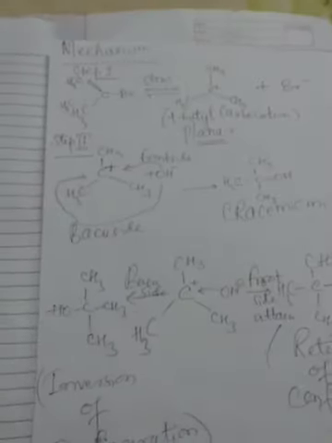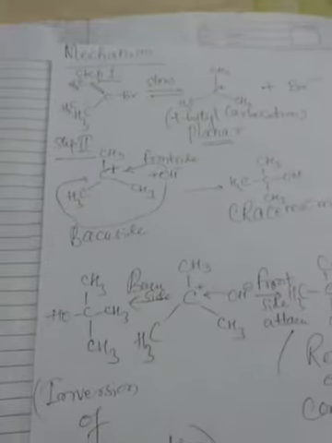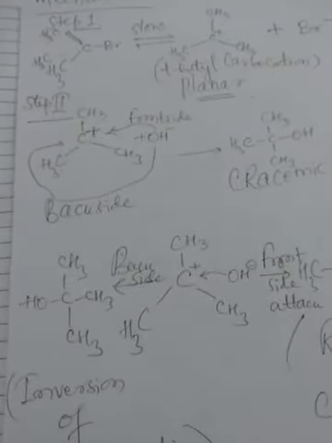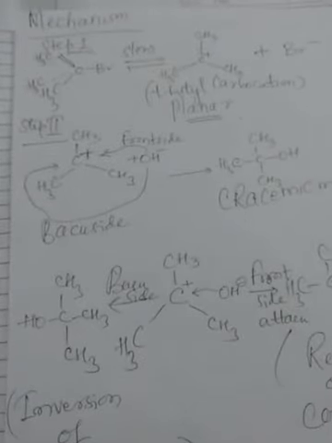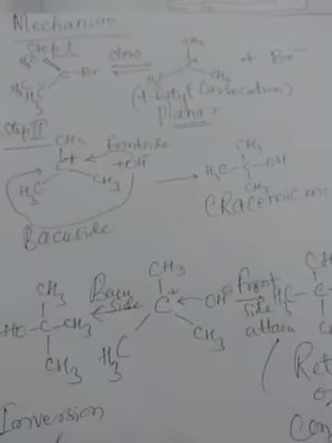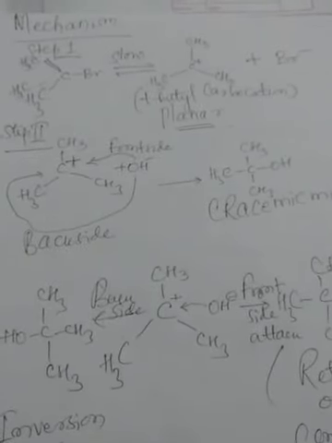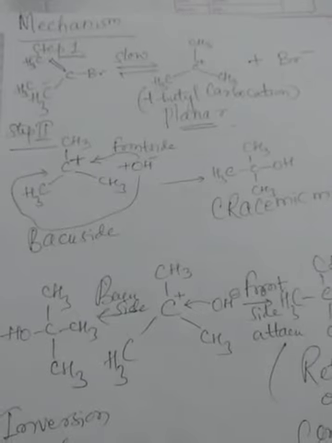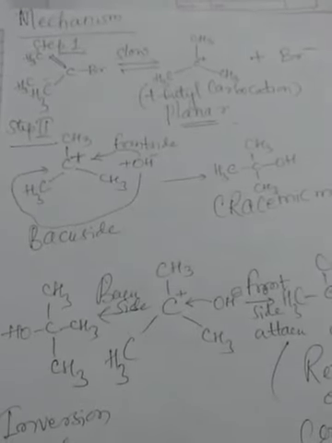The reason is that the C-Br bond present in the alkyl halide must be cleaved and a new C-OH bond must be formed in the product. Both cannot take place simultaneously because front side attack of OH- is not possible. Br- and OH- being electronegative repel each other.